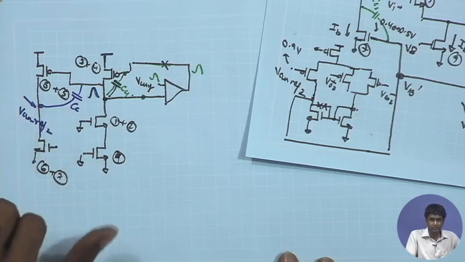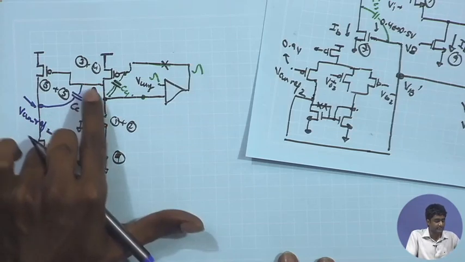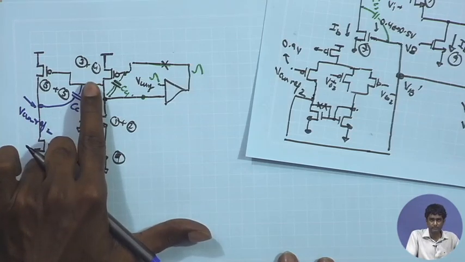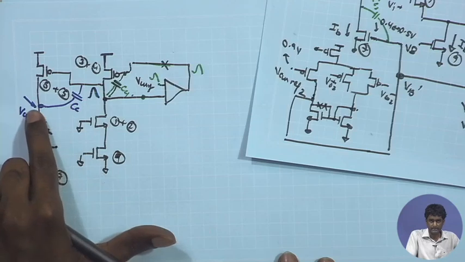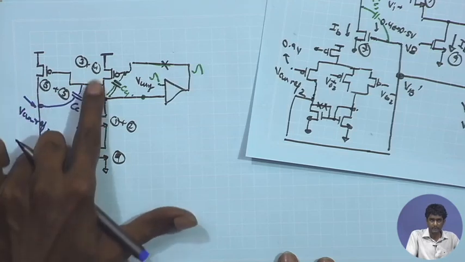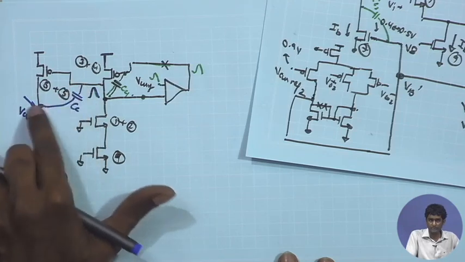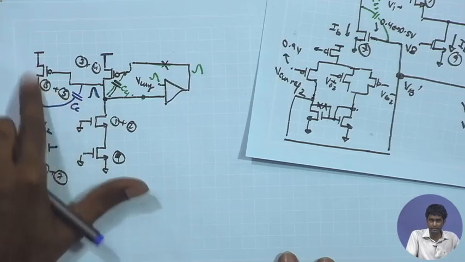If it was not constant, then definitely we would have the CC coming between the output of the first stage and the second stage, and as a result this would also receive Miller multiplication, the CC times the gain of this stage.